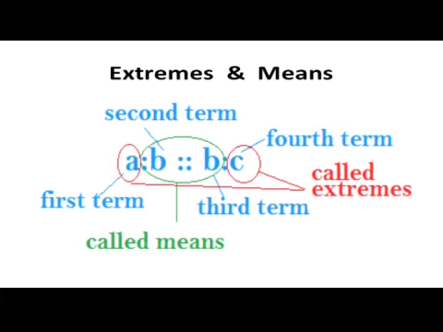Also, the second and the third term are called the middle terms or means, and the product of means is equal to the product of extremes. Three numbers A, B, C are said to be in proportion if A is to B :: B is to C.